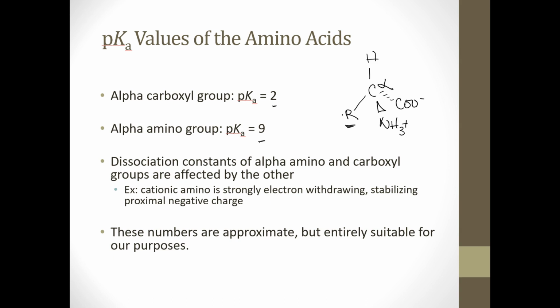So why the difference? Well, these two functionalities affect each other pretty strongly, and the presence of them next to each other on the same carbon actually alters the pKas pretty substantially, making the acid more acidic and the base a little more basic. So don't fret, it's not a trick. You don't have to get an axe.